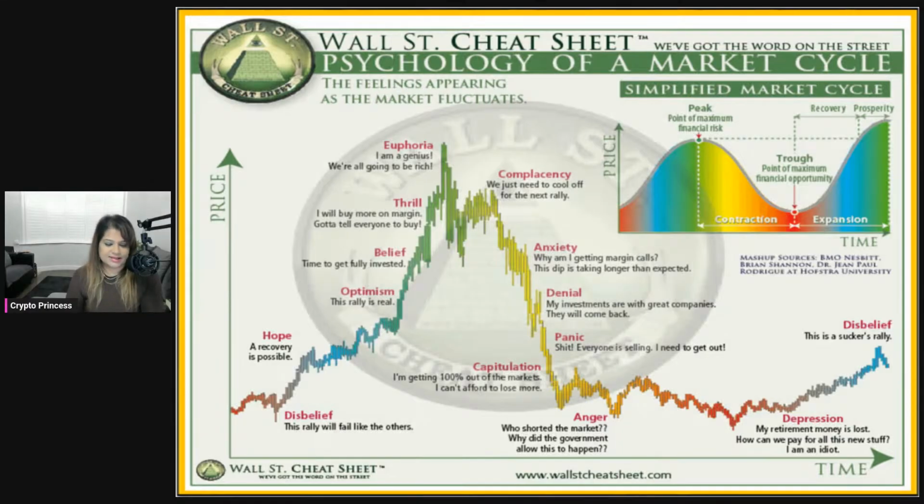Who remembers this? There was a lot of talk about the Wall Street cheat sheet, the psychology of the market cycle. Now, for everyone, this is going to be different. For me, it's going to be very, very different because I was a degen investor.